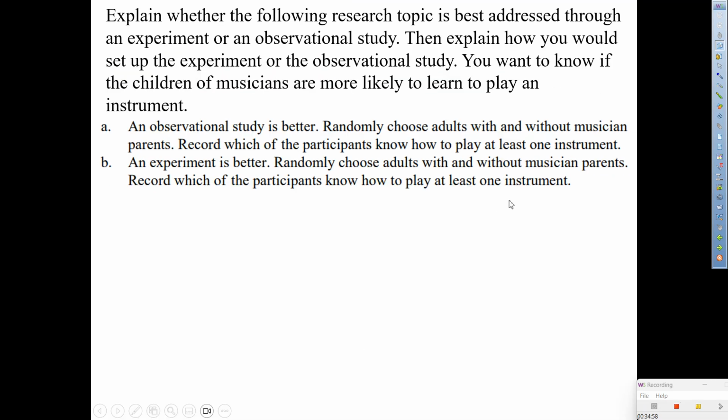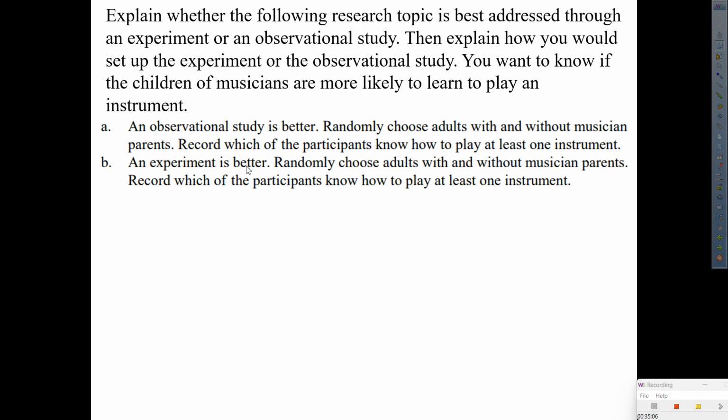Continue. Next one. Let's see. You want to know if the children of musicians are more likely to learn to play an instrument. Tell your neighbor what kind of study that is. Santi, what kind of study is that?